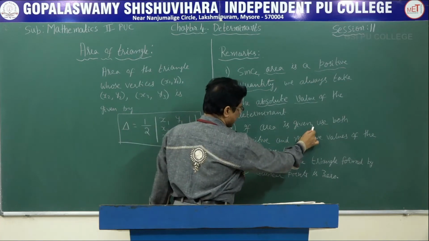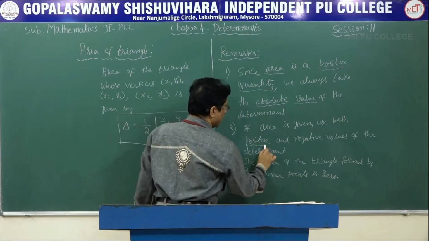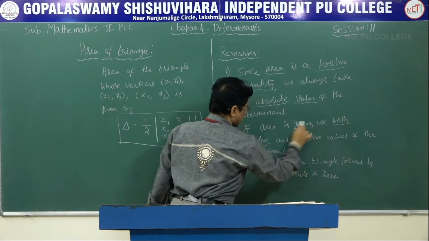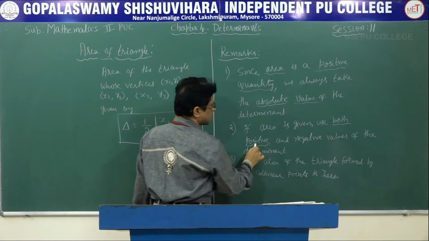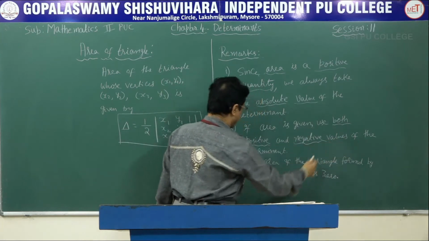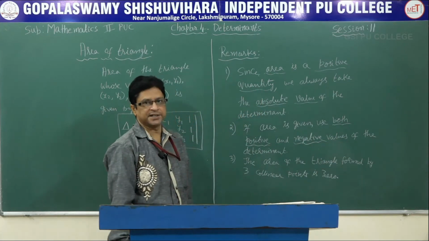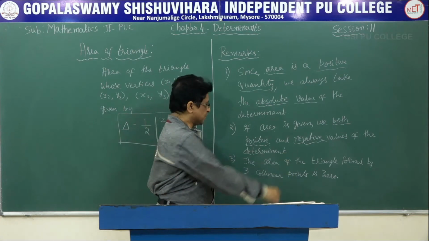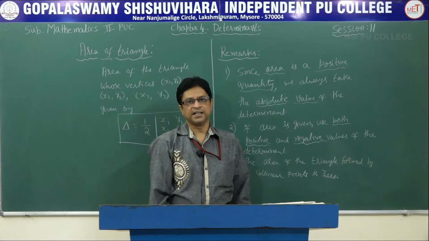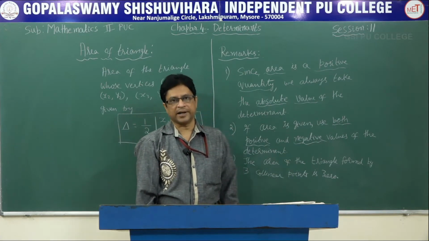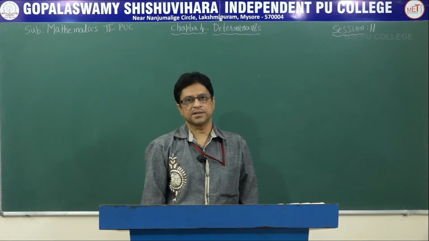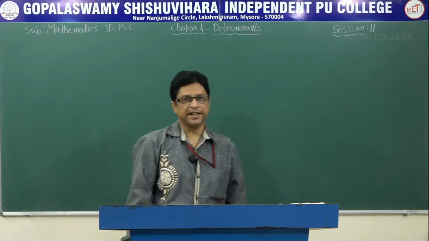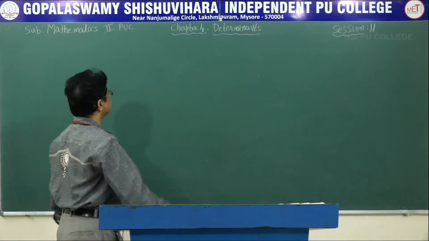If area is given, use both positive and negative values of the determinant. The area of the triangle formed by three collinear points is 0. Let us discuss a few problems on area of triangle.